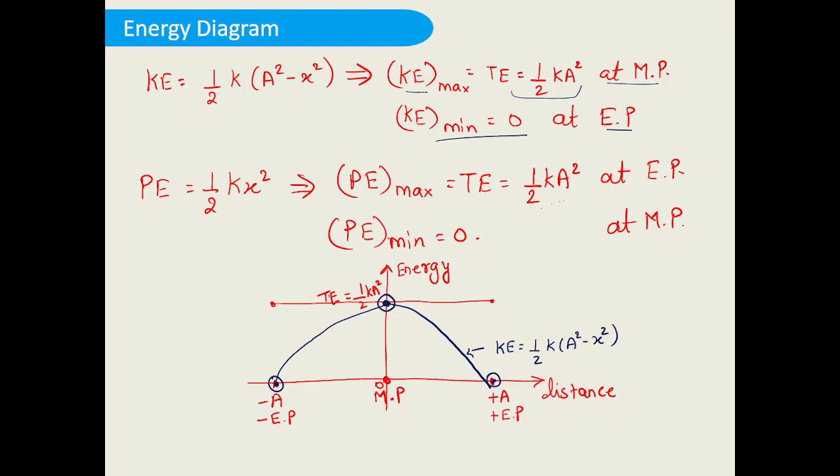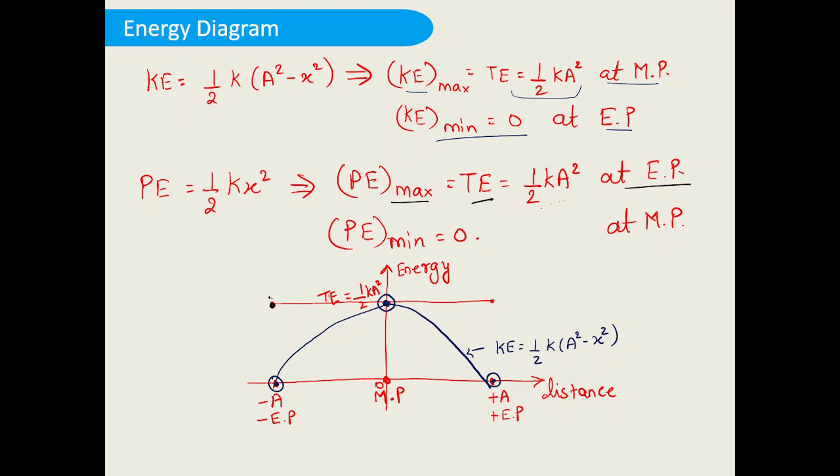Okay. Now we'll see the graph of potential energy. Potential energy is maximum at extreme position and the maximum value is total energy.